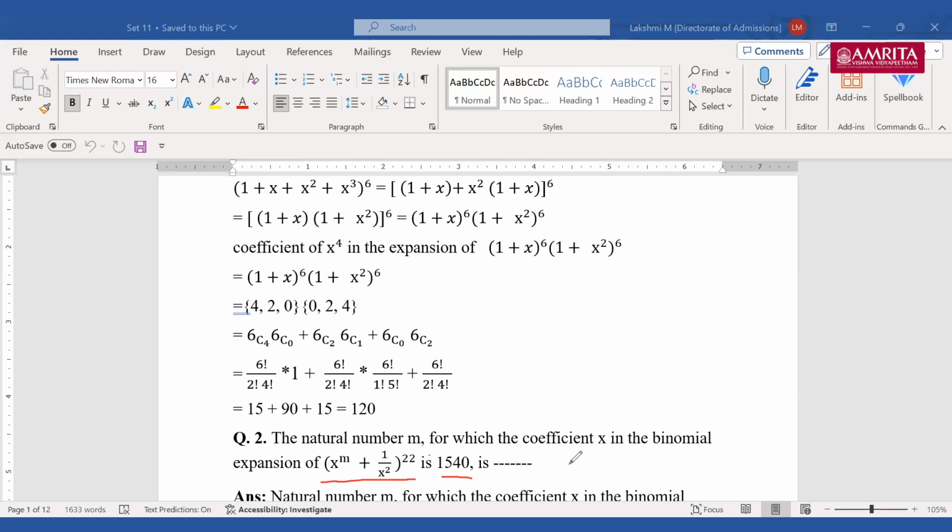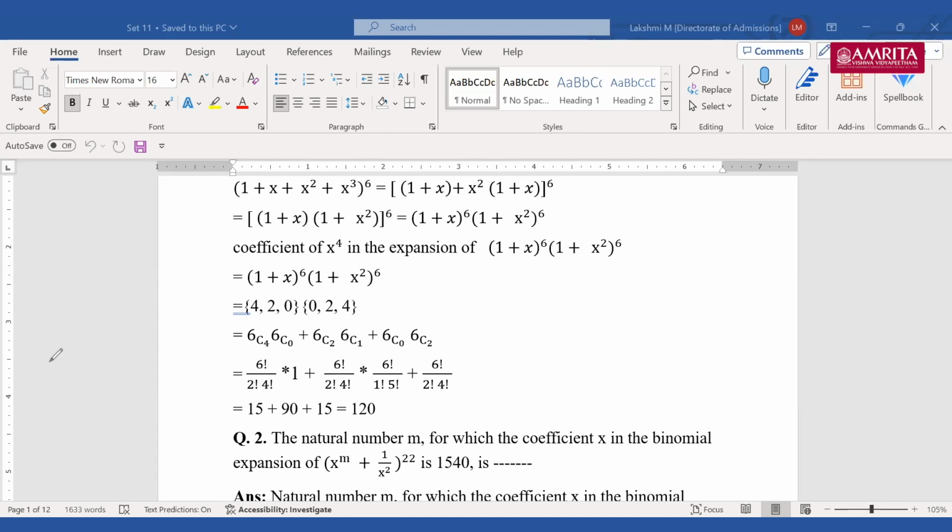Okay, I think Sanjay has given me the answer as 13. Okay, let's see. I think 3 or 4 kids have already given me the answer. Is it 13? I'll give you 1 or 2 minutes to go through the question and then we'll start discussing.